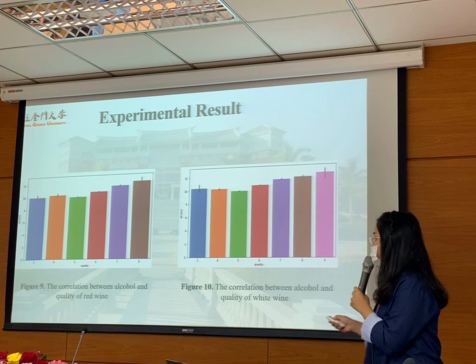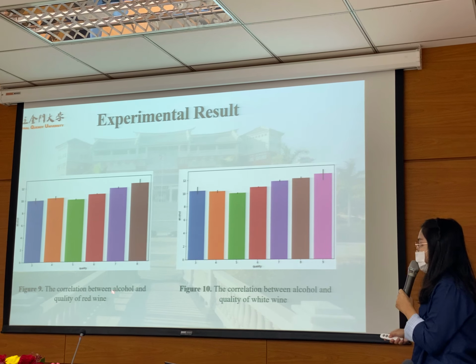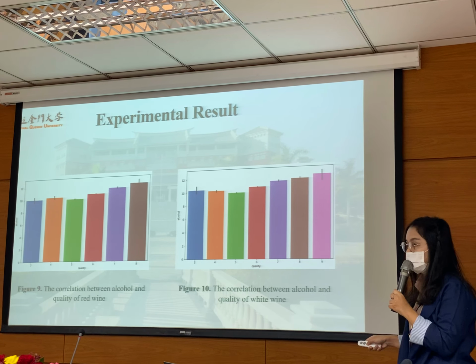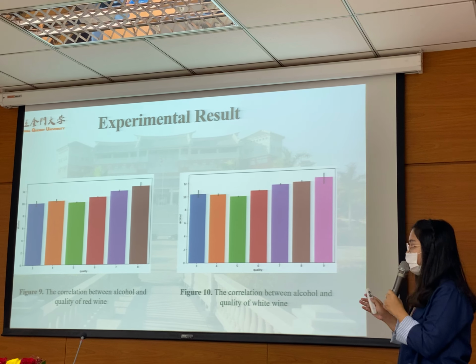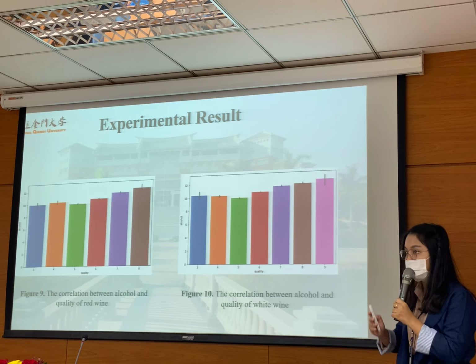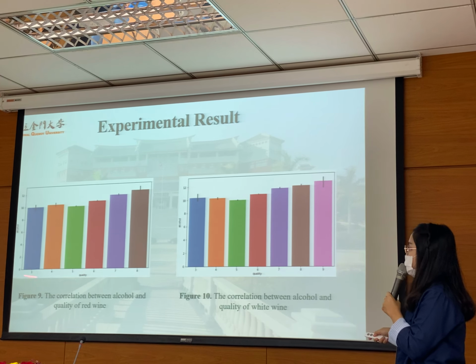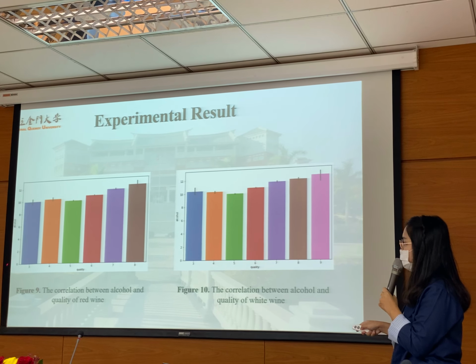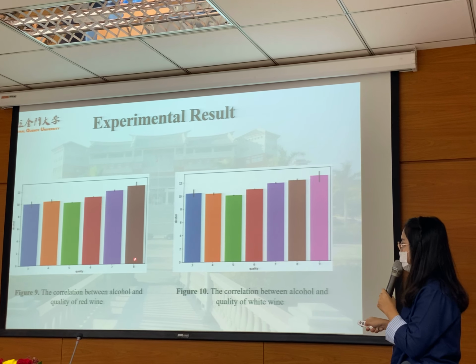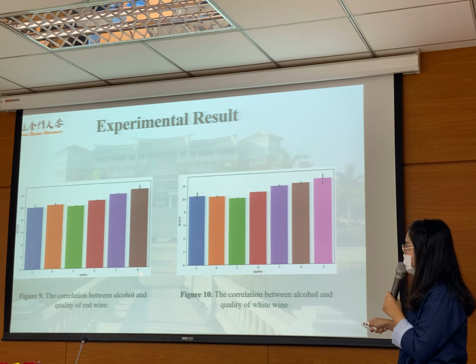So here is the experimental result of the correlation between alcohol and the quality of the red wine and also the white wine. The rating goes from very bad to very excellent. For the red one, the range is 3 until 8, and 8 is very excellent.